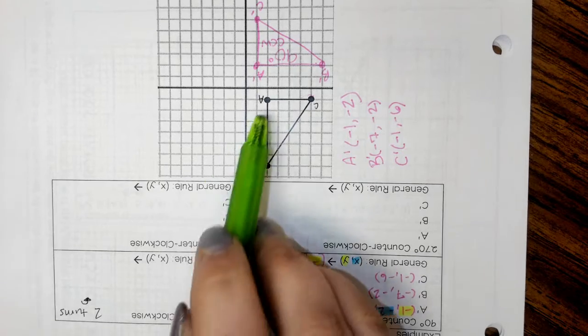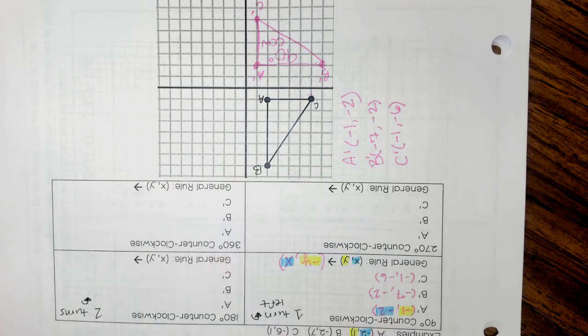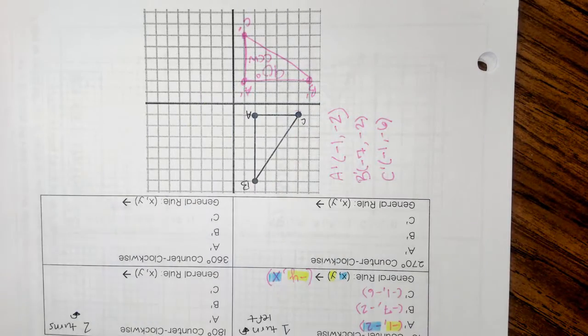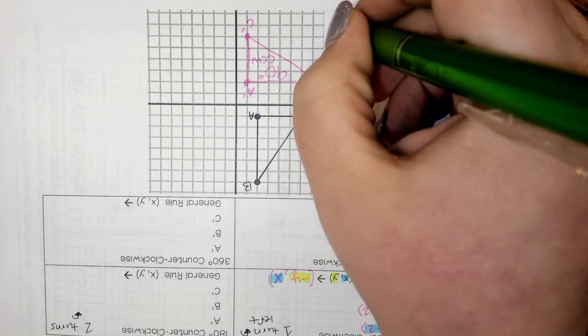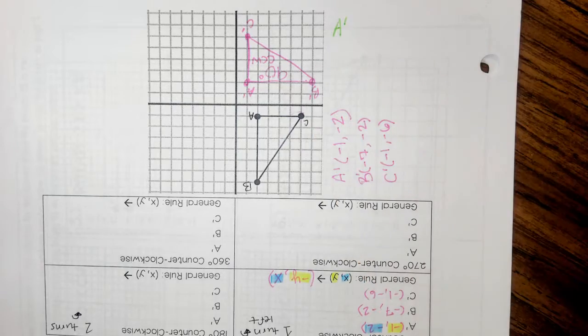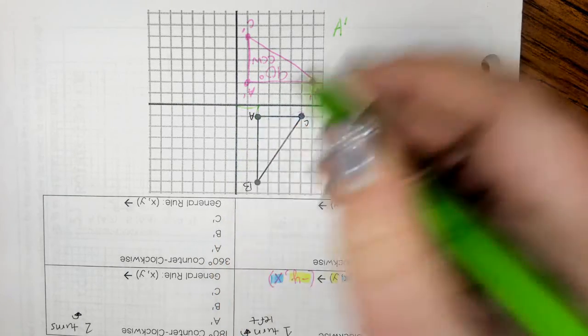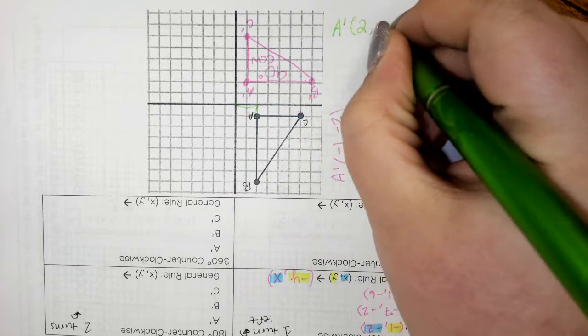Now I see that this is my image because my triangle has moved, my graph has been transformed. So A prime is located to the right 2 and down 1, or positive 2, negative 1.